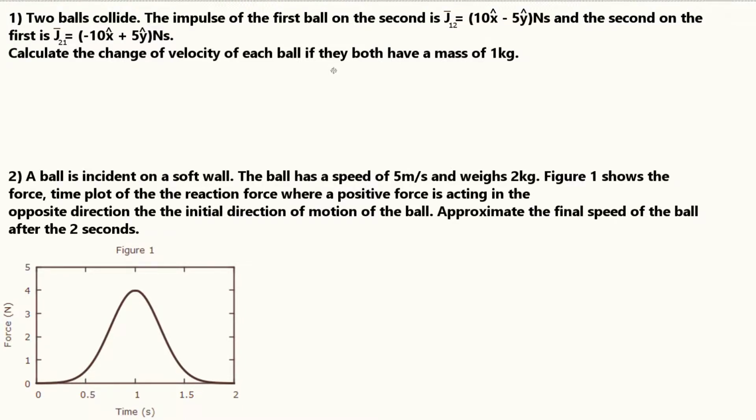Firstly, we need to remember that in general, the impulse is equal to the average force times the change in time, which is also equal to the mass multiplied by the change in speed. And once again, for vectors, we place our vectors as such.